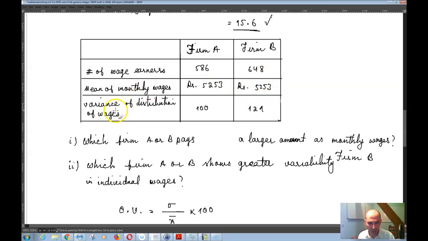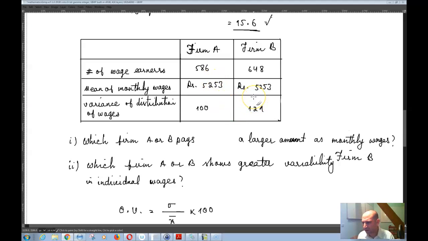So in whichever case the standard deviation is higher, in that distribution you have higher variability of individual wages, and that happens to be in firm B. You don't need to calculate anything. Thus, firm B has greater variability in the individual wages.